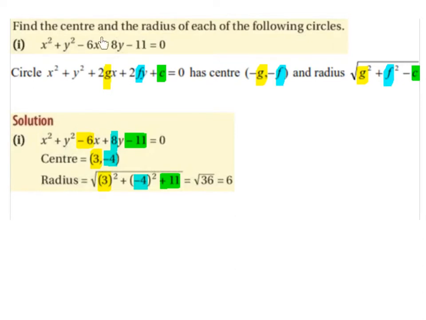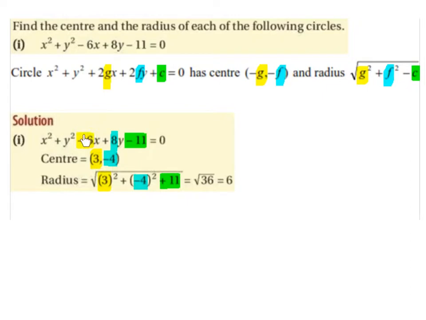Okay, so if we compare with our circle that we're given, the coefficient of x is minus 6. And in our formula, there's a 2g stuck on, and in our centre point formula, we have minus g.